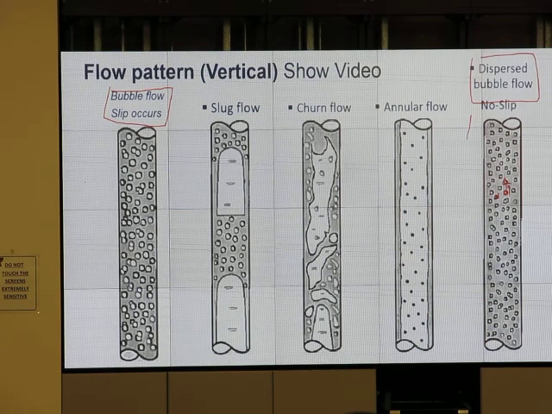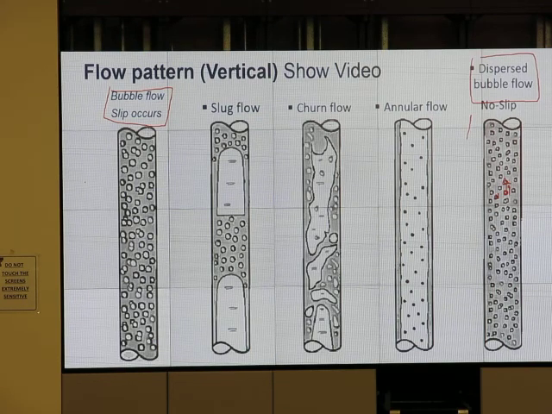No. But if we have a very high gas flow rate in a well, what do you think happens? Annular. Annular flow. So what if we have a low gas flow rate? What do you think happens? Churn flow, slug flow, or something less than annular, right?